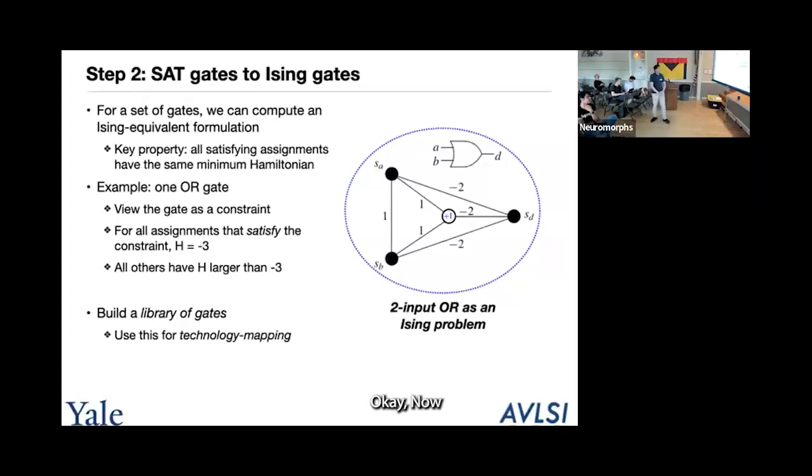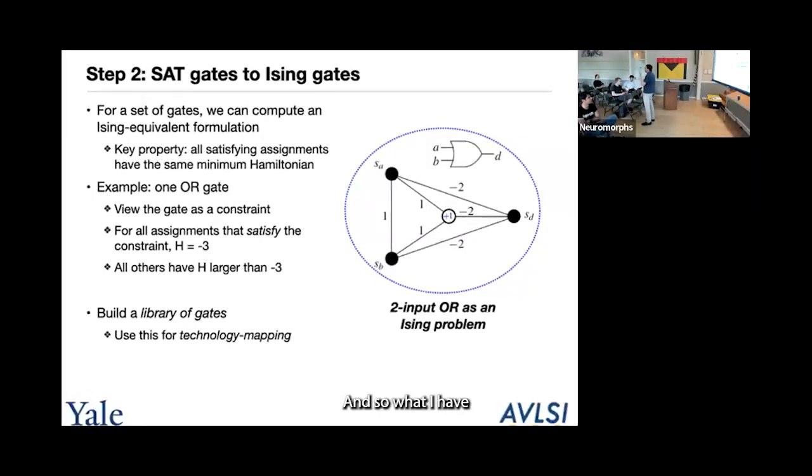Now, for each gate in your library, we can build an Ising problem whose minimum is met only when the constraints of the gate are satisfied, like the output is in fact the OR of the two inputs. Which is equivalent to training a neural network to learn it.